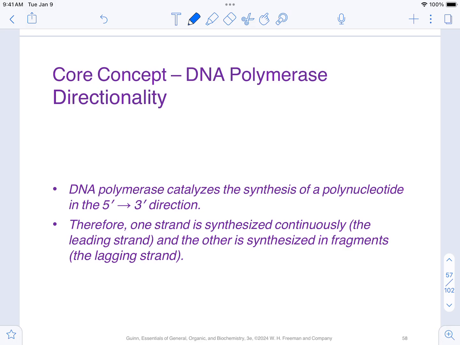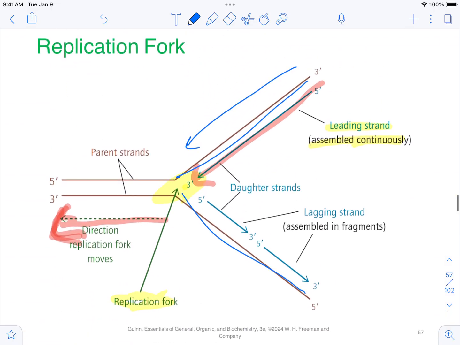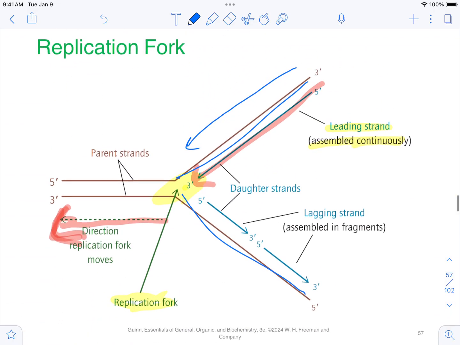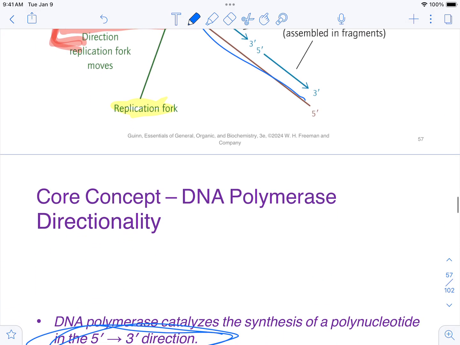And again, this happens in the 5' to 3' direction. So we look up here again, we have our 5' and our 3'. It has to be in that direction. And that's that DNA polymerase enzyme.